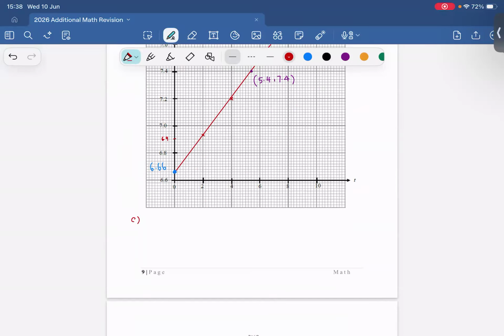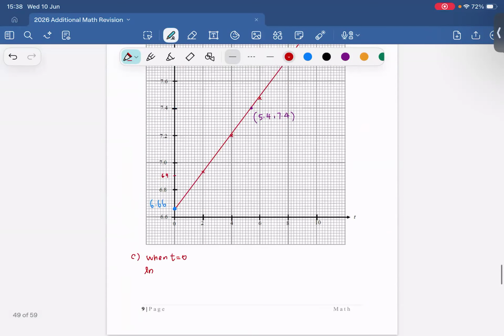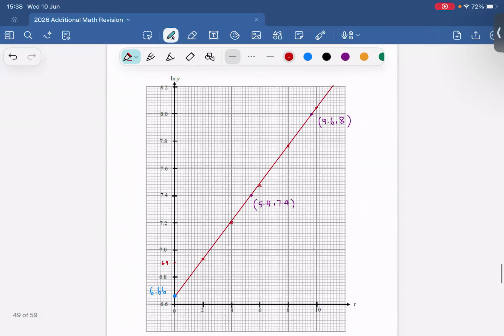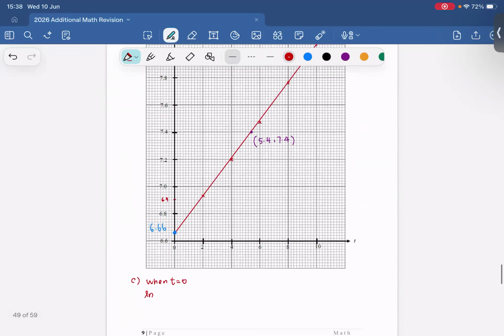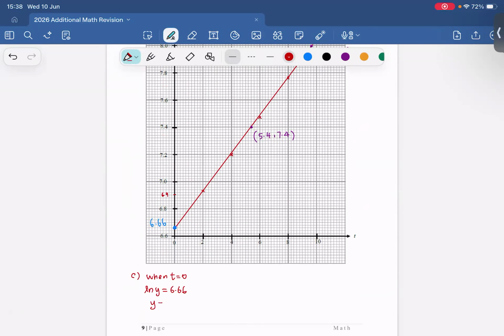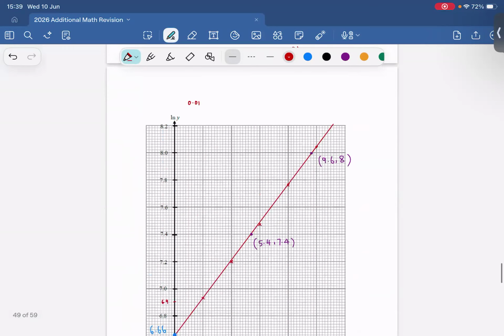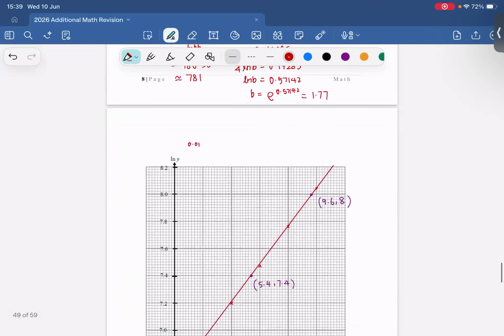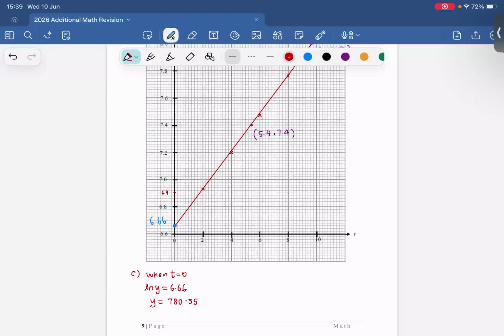So the initial number of ants is when t is 0. So when t is 0, our ln y is equals to 6.66. So our y is equals to 780.55.